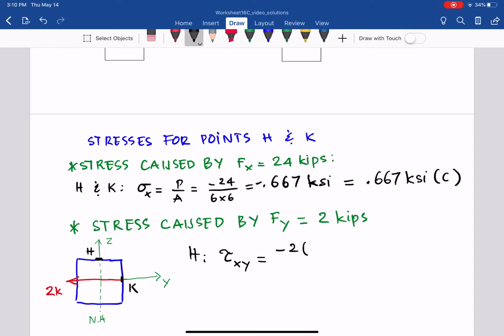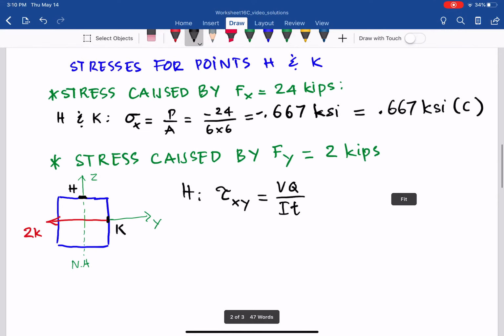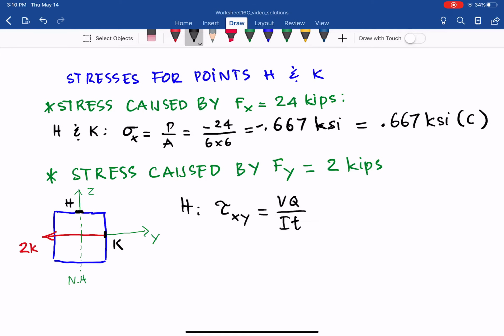For Q, let's write down the equation first, VQ over It, and let me put it down here for the cross section.